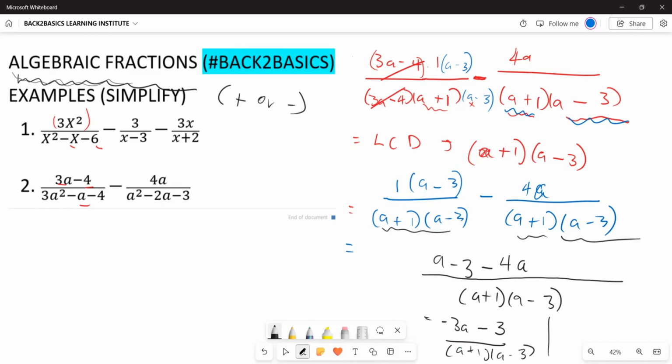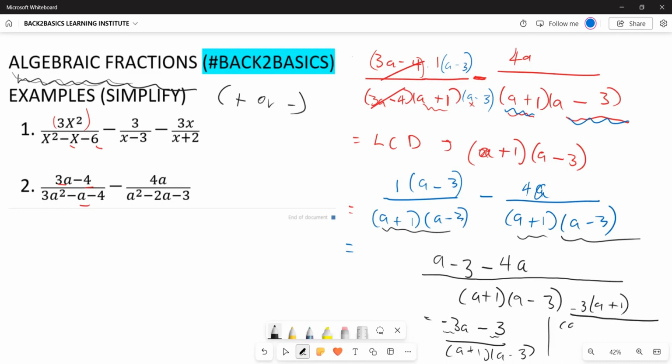Let's make up some space here. So now look, you can then simplify this. When you simplify this, you can take out negative 3 as a common factor. So this is going to be negative 3 into a plus 1, right? Because when you multiply your negative 3 with 1, you still get negative 3, right?